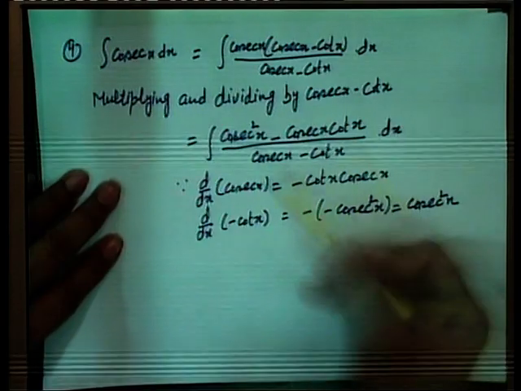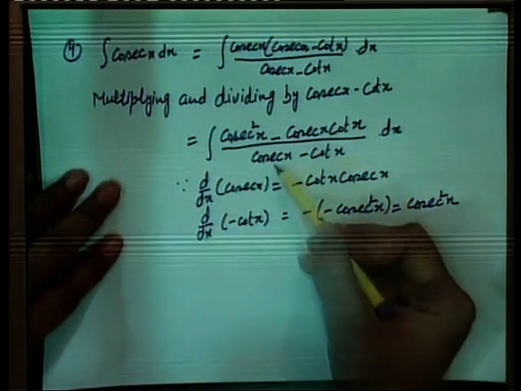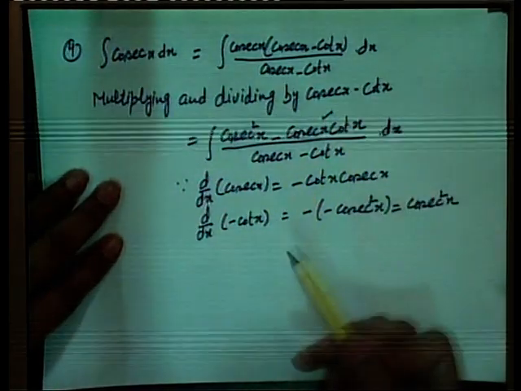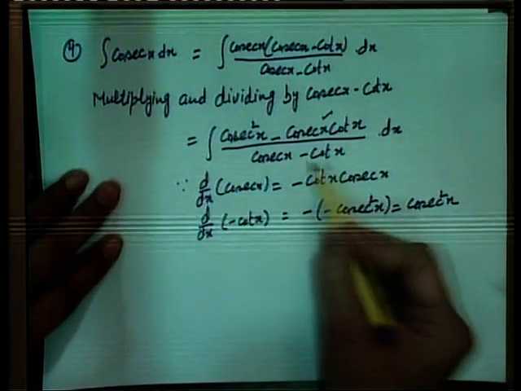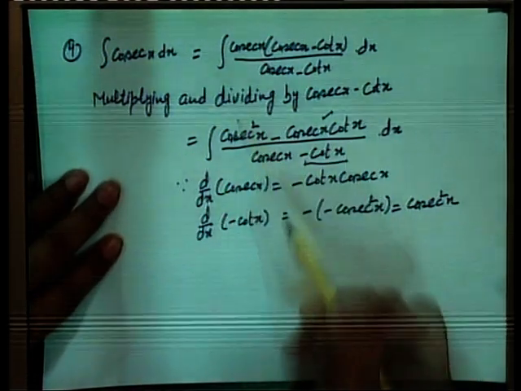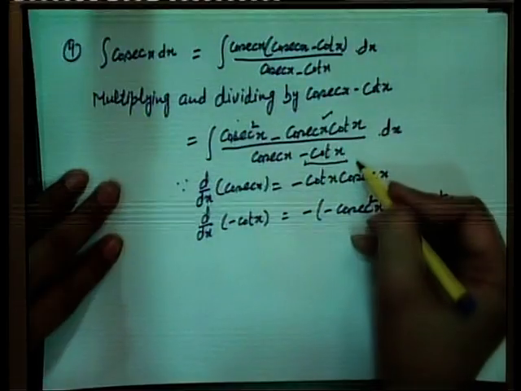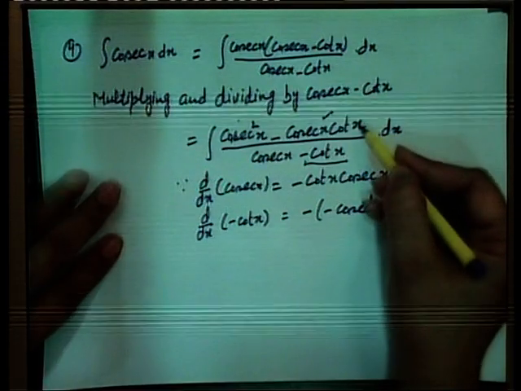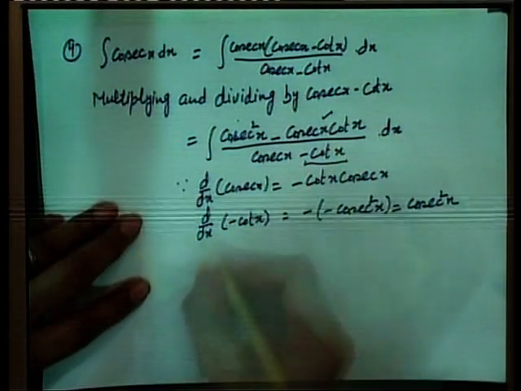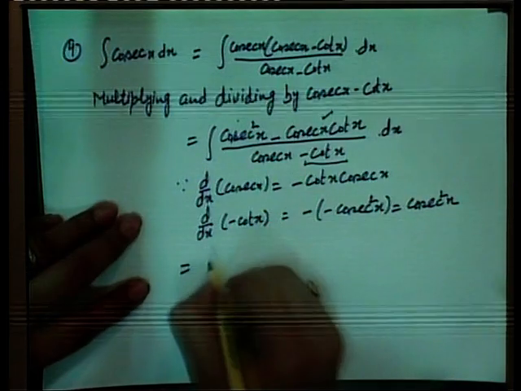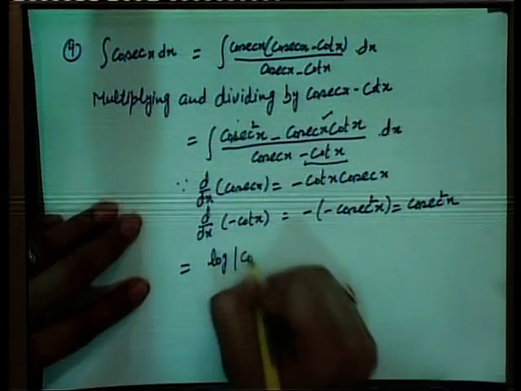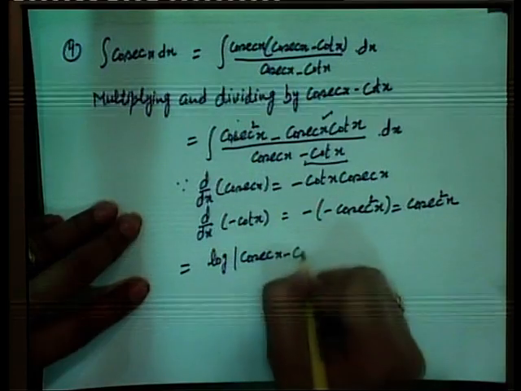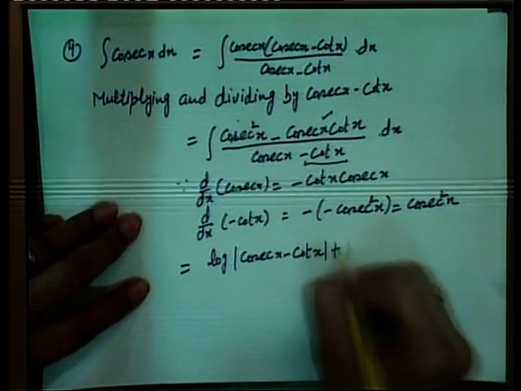In the denominator we have the function, in the numerator is its derivative, so the integral is log of mod of cosecant x minus cotangent x plus c.